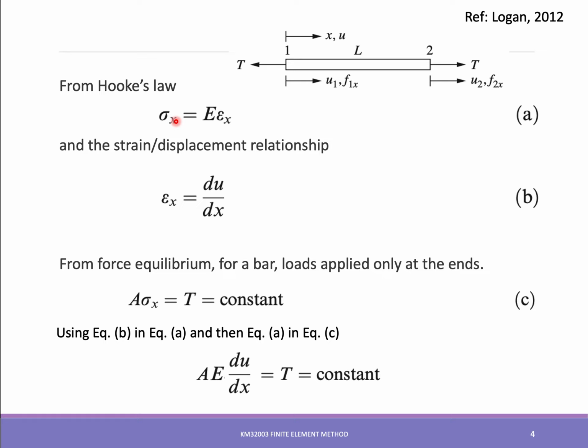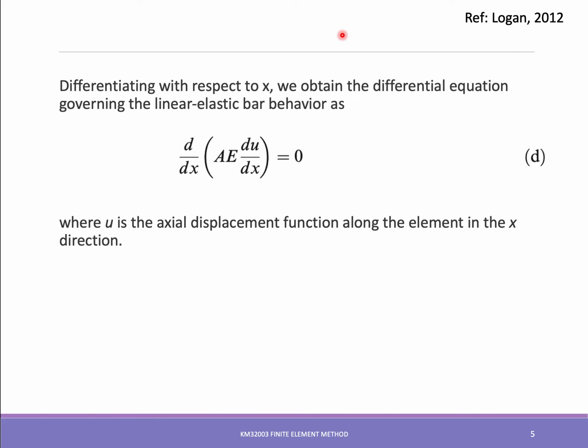Now we will start to resubstitute. This one we substitute over here, and this sigma we substitute over here, then eventually we get this term. When we differentiate it with respect to x, since it is a constant, the derivative would equal 0, and it gives us the so-called linear elastic bar behavior of the finite element.